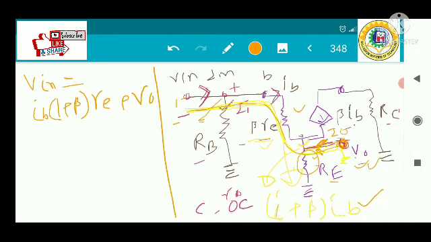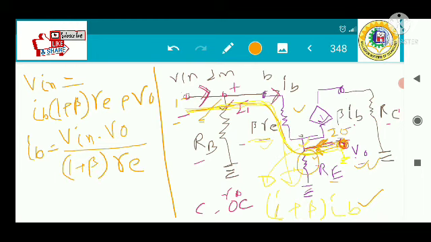Now from 1 plus beta into IB, I am calculating the IB. So IB is nothing but Vin minus V0 divided by 1 plus beta into RE.